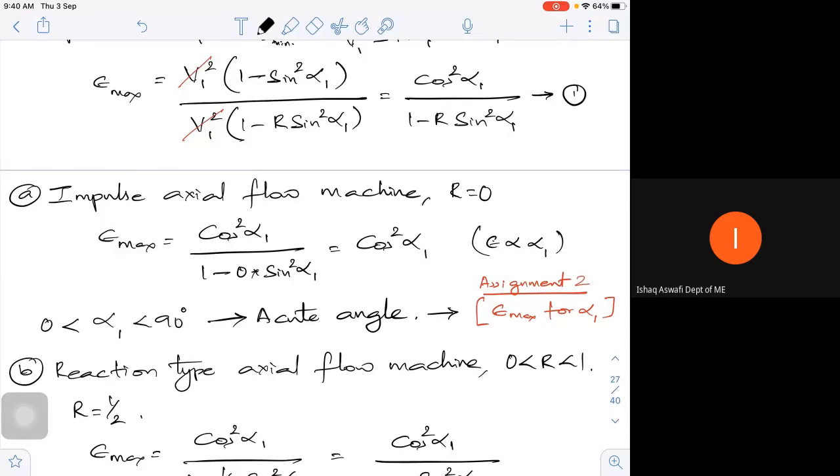If I put R is equal to 0, what will happen? I'm going to get the optimal value, or the maximum value of epsilon max, becoming only a function of cos square alpha. That is, epsilon max is equal to cos square alpha 1. Or I can clearly tell your utilization factor depends directly on your alpha 1.